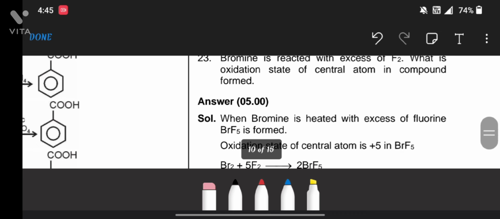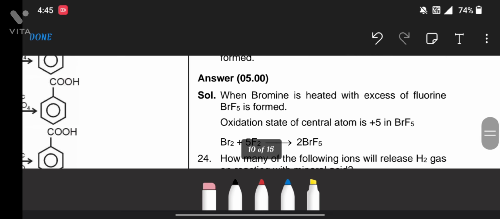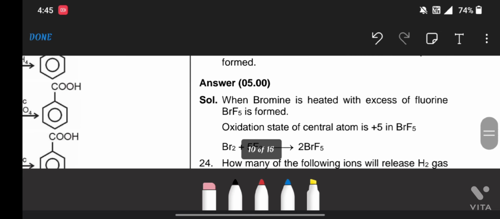Moving on to the next question, that is question number 24. How many of the following ions will release H2 gas on reacting with mineral acid? Titanium, cobalt, magnesium, zinc, chromium.